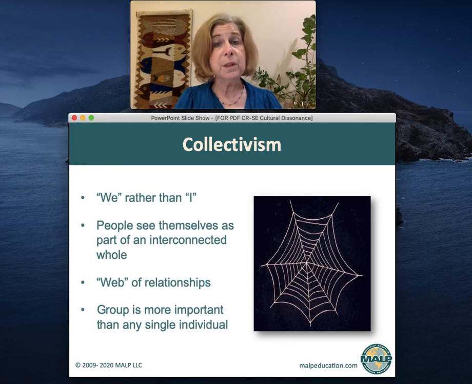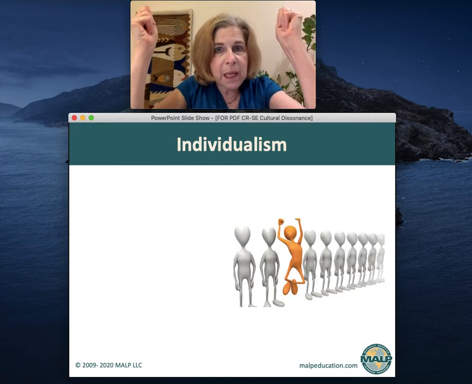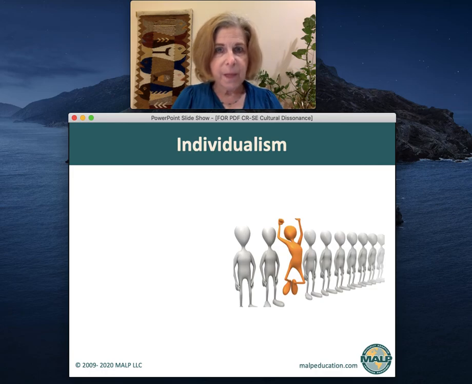Their worldview is collectivism, and they get a real shock when they come here because, hey, call on me, right? You're expected to act as an individual. You're expected to raise your hand, and you get praise for personal efforts.